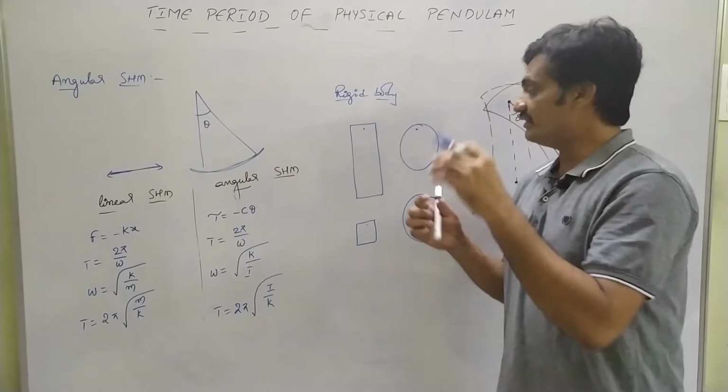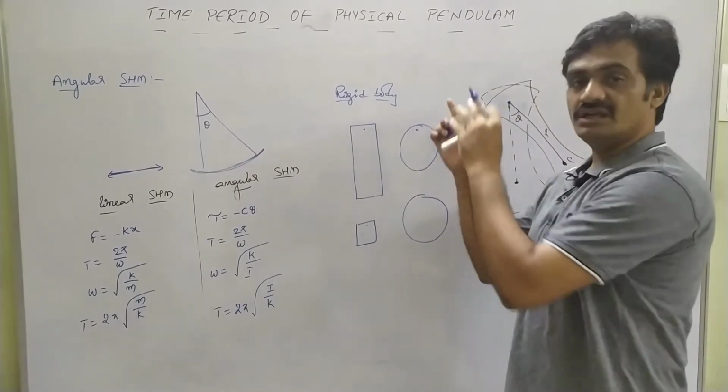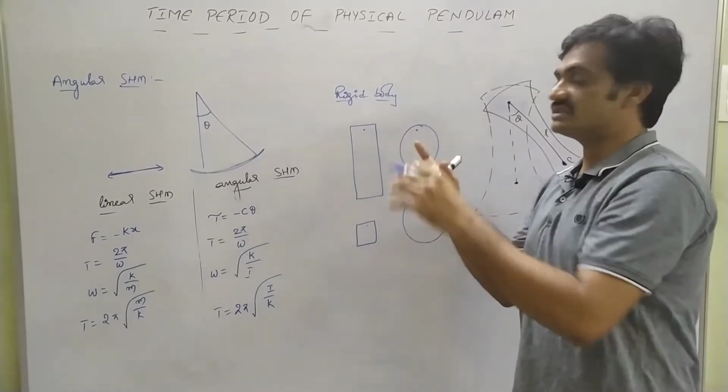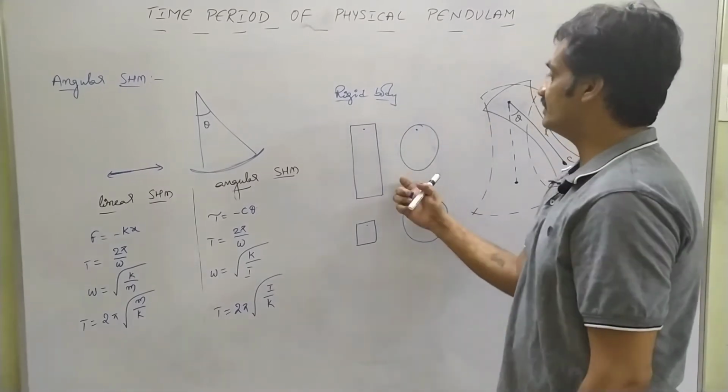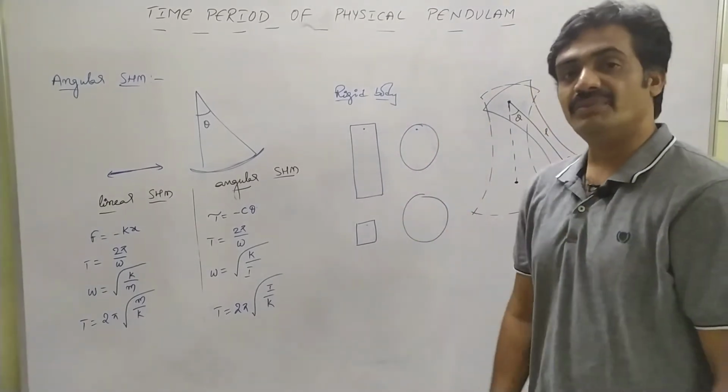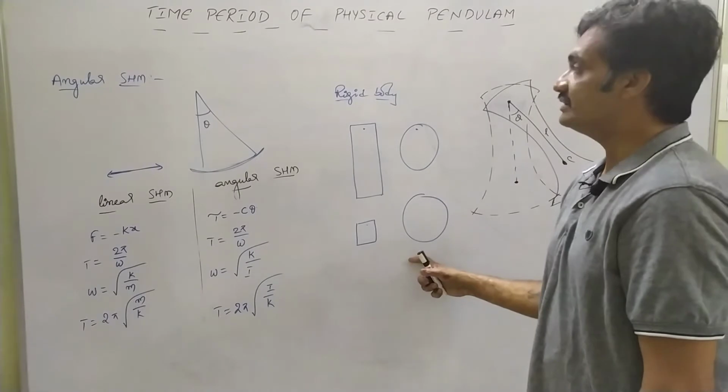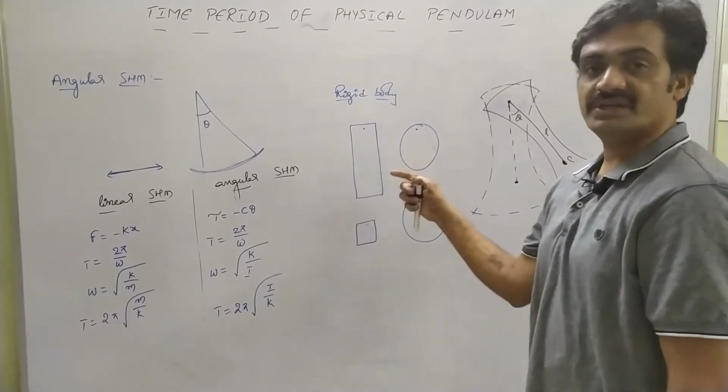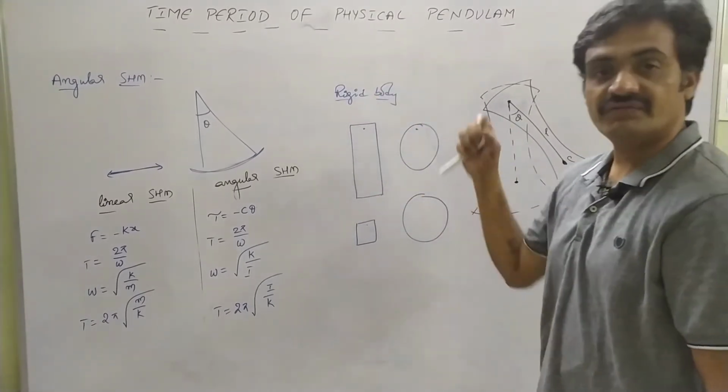It might be any shape. If its upper end is pivoted and we make it oscillate about that position, then we can represent it as a physical pendulum. Based on this, we are now going to discuss the time period of a physical pendulum.